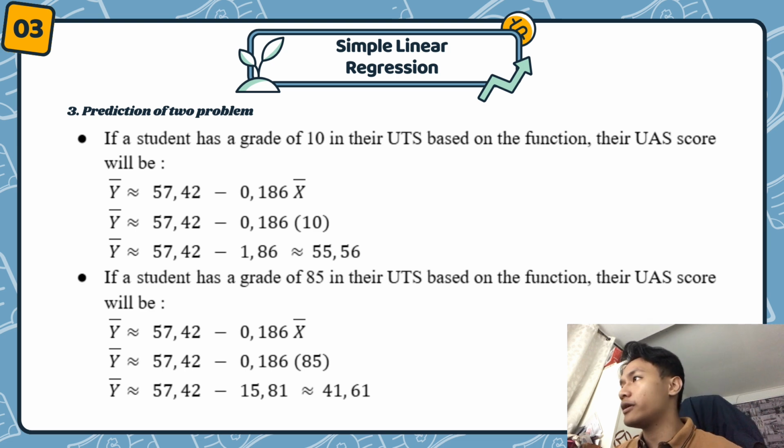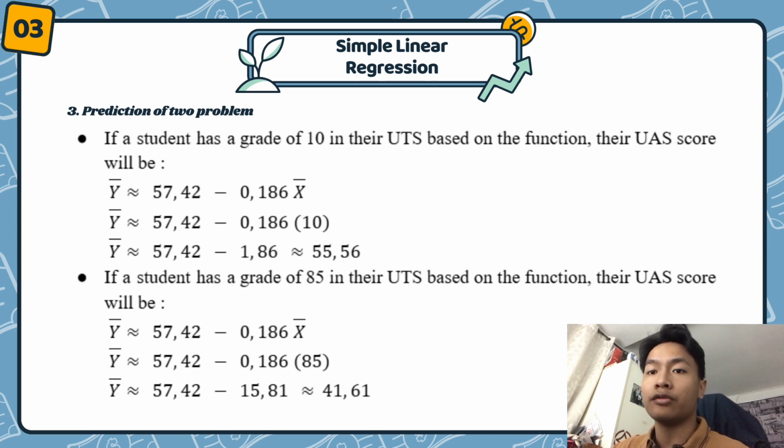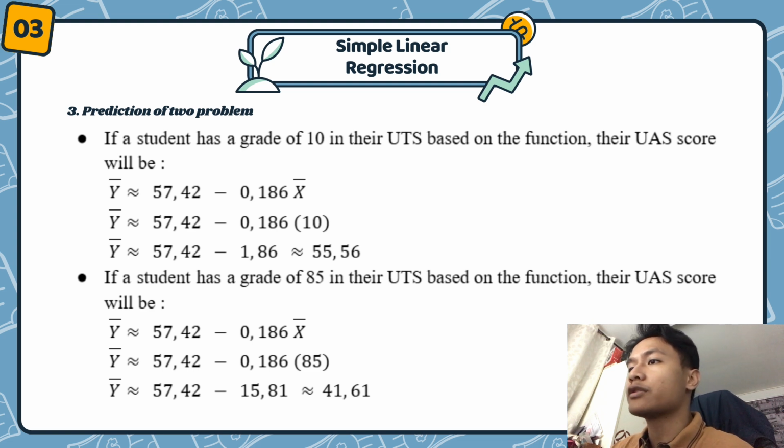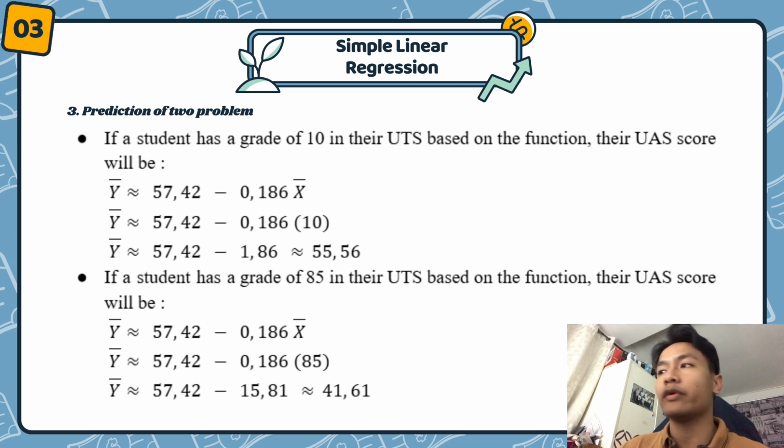Okay, we go to the next step, the prediction of two problems in simple linear regression. The first one is to find the y score mean when the UTS grade is 10.